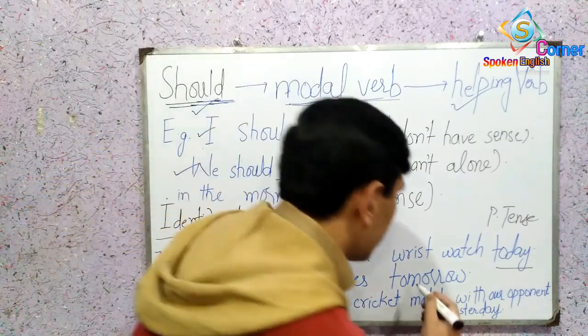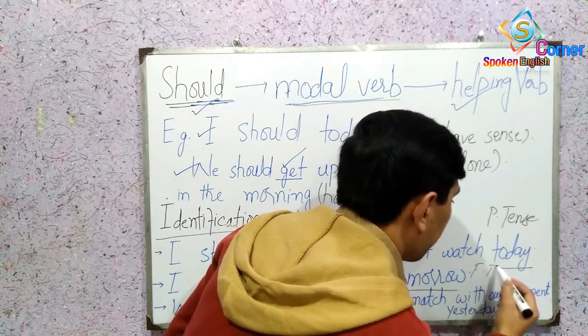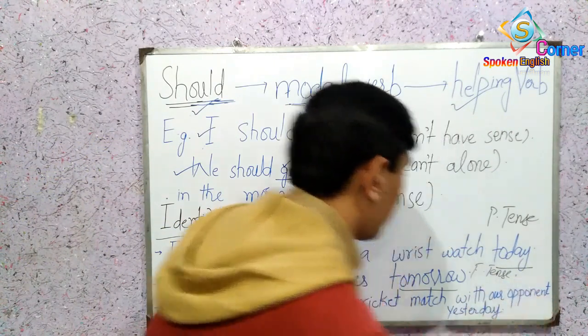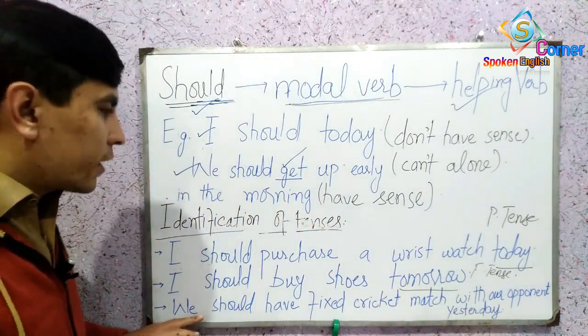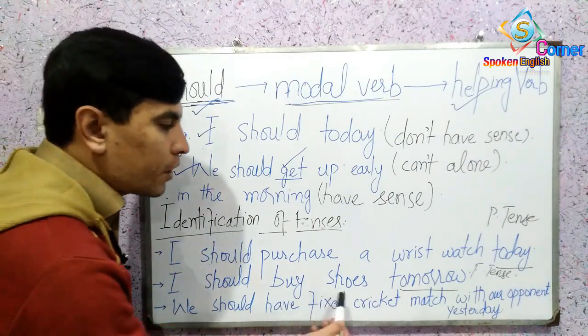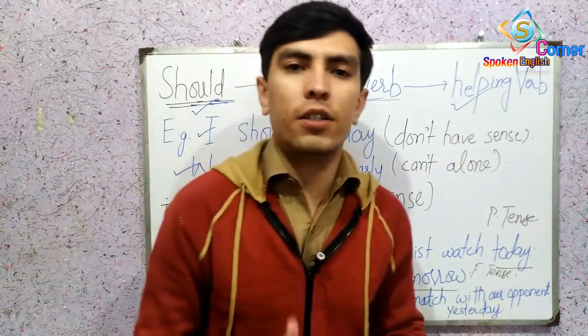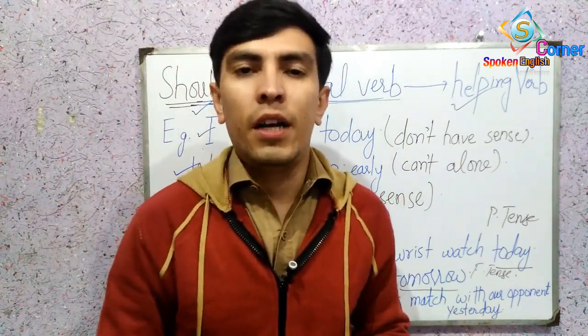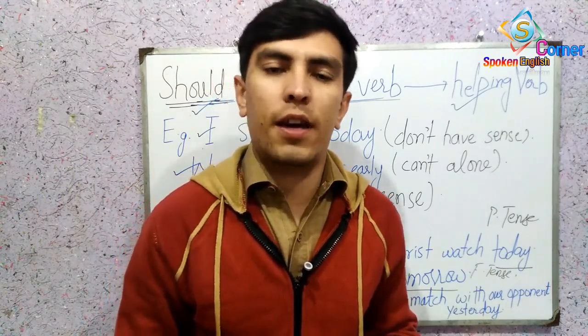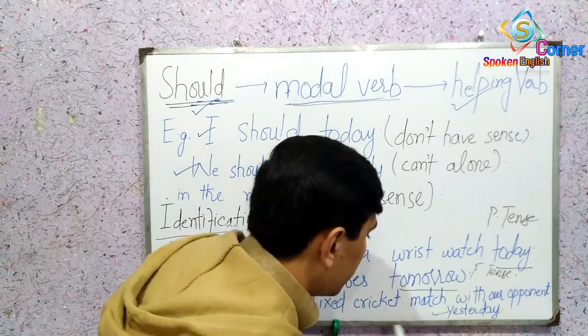Here "tomorrow" is the sign of future tense. The third example regarding identification of tenses: we should have fixed the cricket match with our opponent team yesterday. This example is pointing towards past tense, because here the sign is "yesterday".